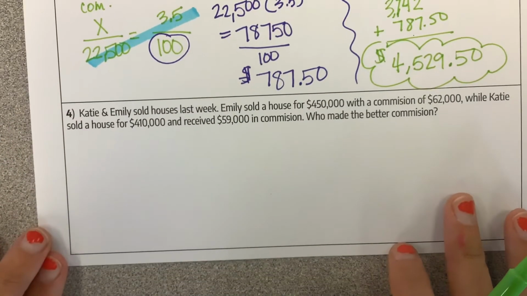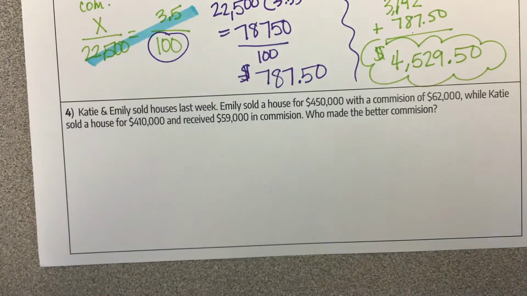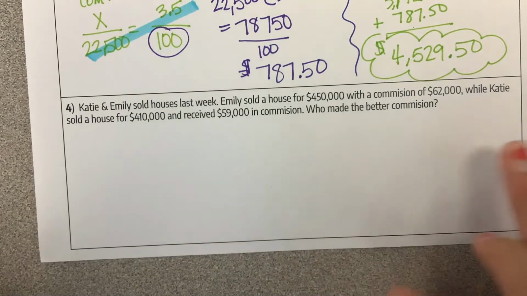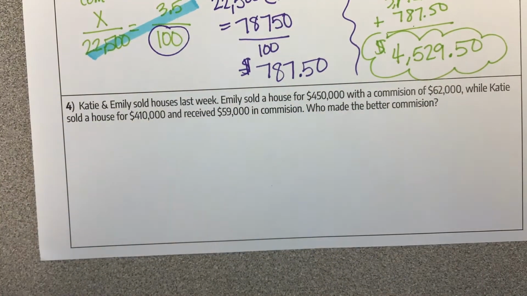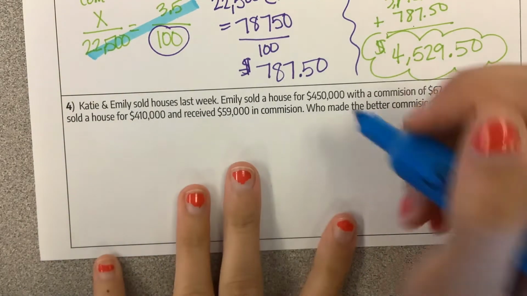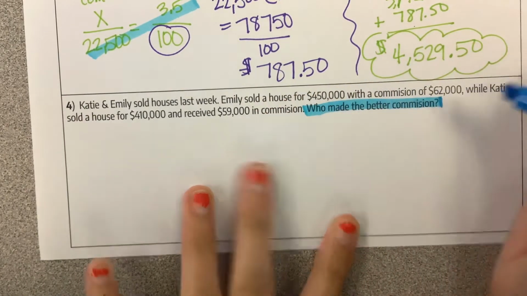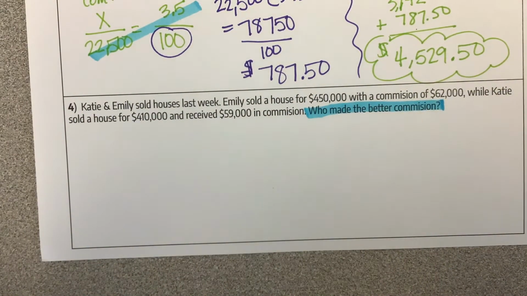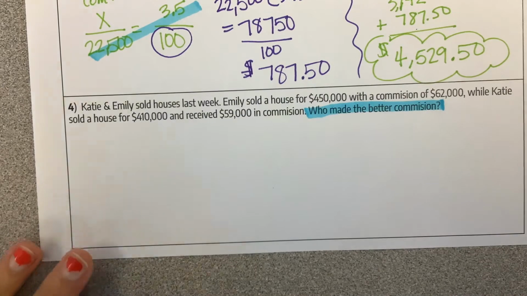All right, last problem. Katie and Emily sold houses last week. Emily sold a house for $450,000 with a commission of $62,000, while Katie sold a house for $410,000 and received $59,000 in commission. Who made the better commission? So here's the important question. We're not asking who made the most money, the actual money value.